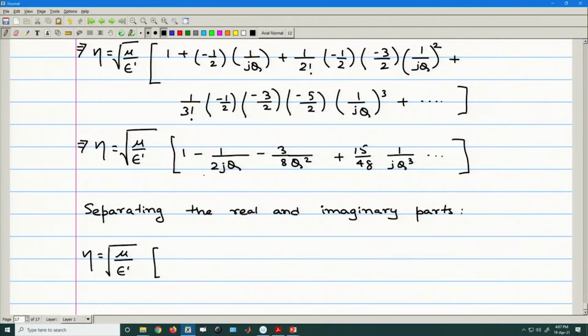Okay, so the real part is 1 minus 3 upon 8 q square plus mu by epsilon prime.